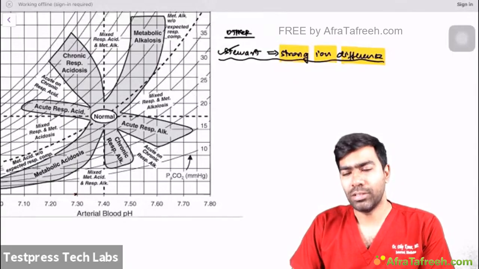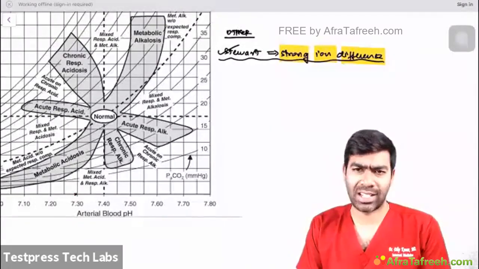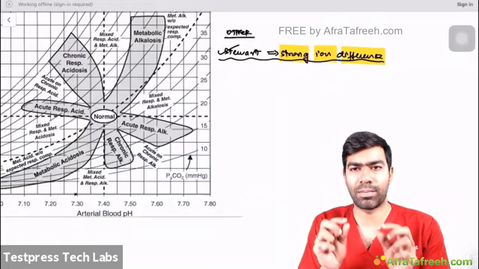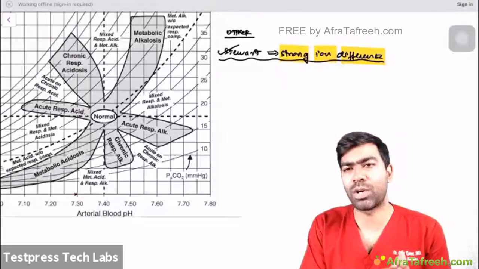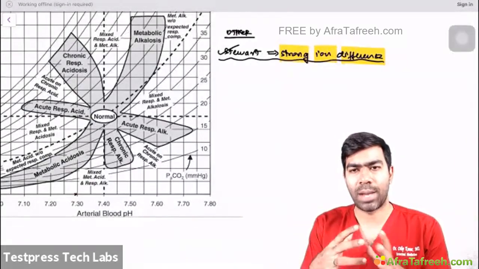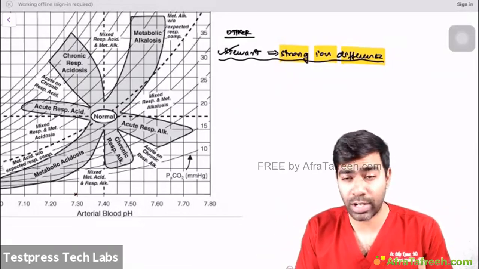On the other hand, if they ask you about the syringe, how much heparin to take, that's again a kind of a bluff because we don't take that particular amount of heparin. Instead, we just want to flush the entire syringe with heparin, which means we take maybe 0.5 ml, even 1 ml, no problem.